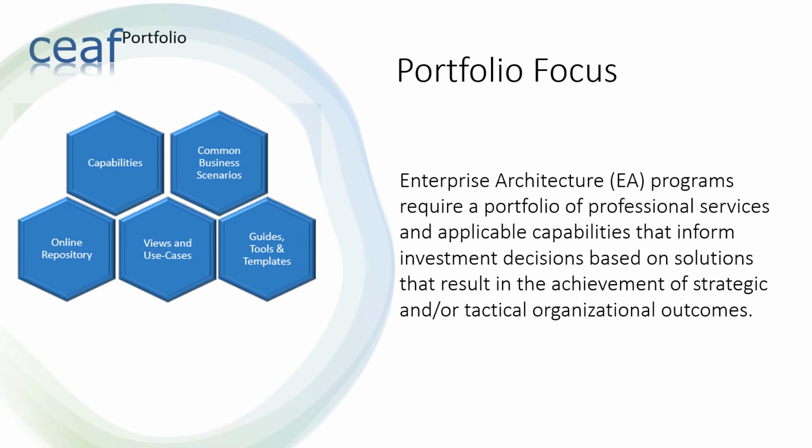The collection of artifacts within the repository not only document current operations, but are critical to defining the desired target state of an organization's processes, information, application systems, and technologies, as well as the progressive transformation project roadmap to achieve the target state.